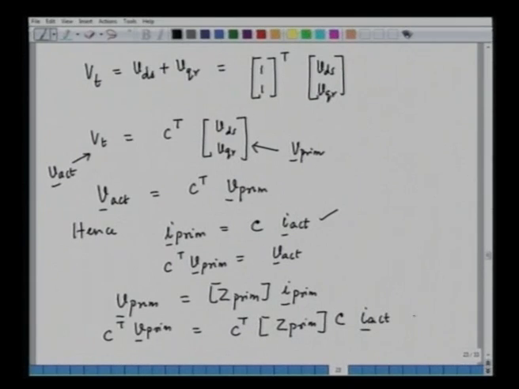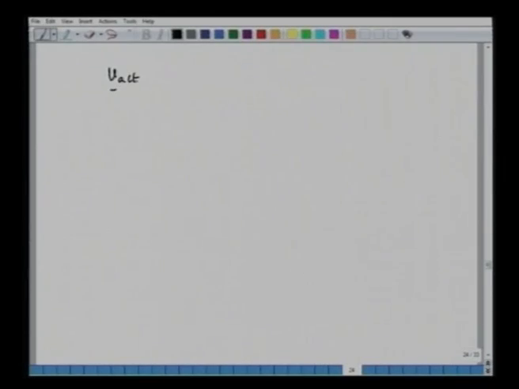So this equation will lead to C transpose into V primitive. This is same as V actual. So I can write V actual is equal to C transpose Z primitive C into I actual.